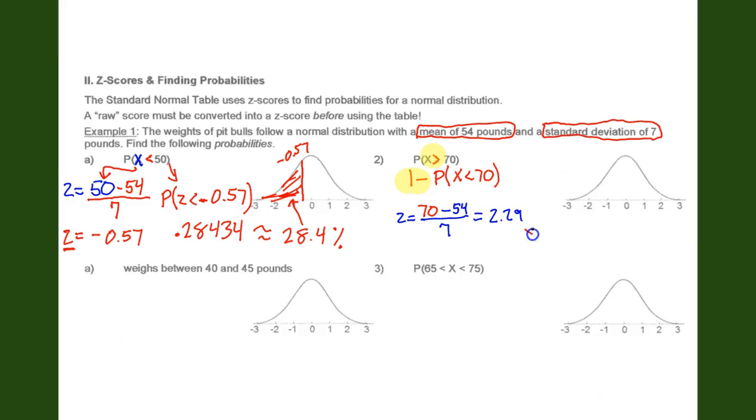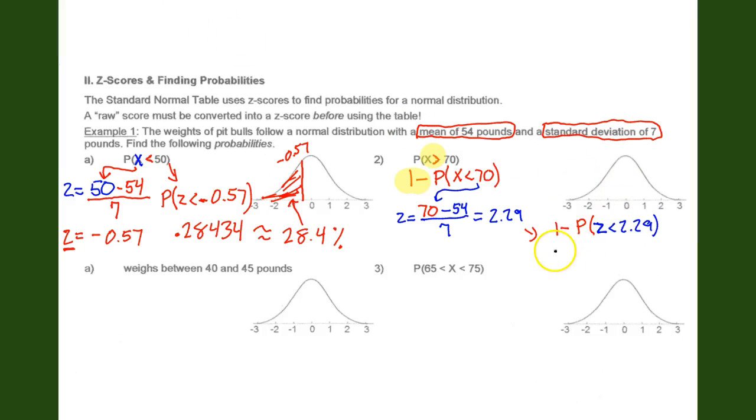So now from here we'll have 1 minus the probability of z less than 2.29. Right, so we change out the x, turn it into a z. Now we have z less than.